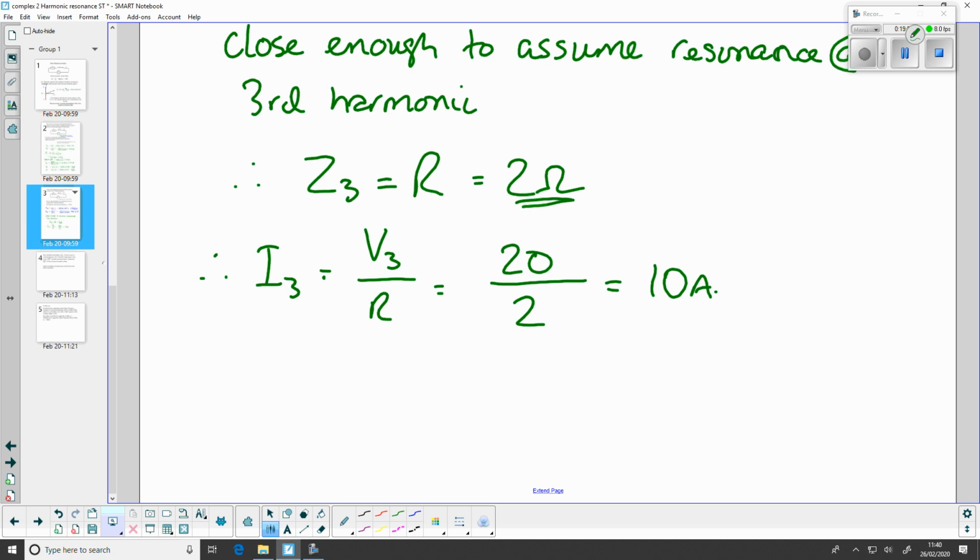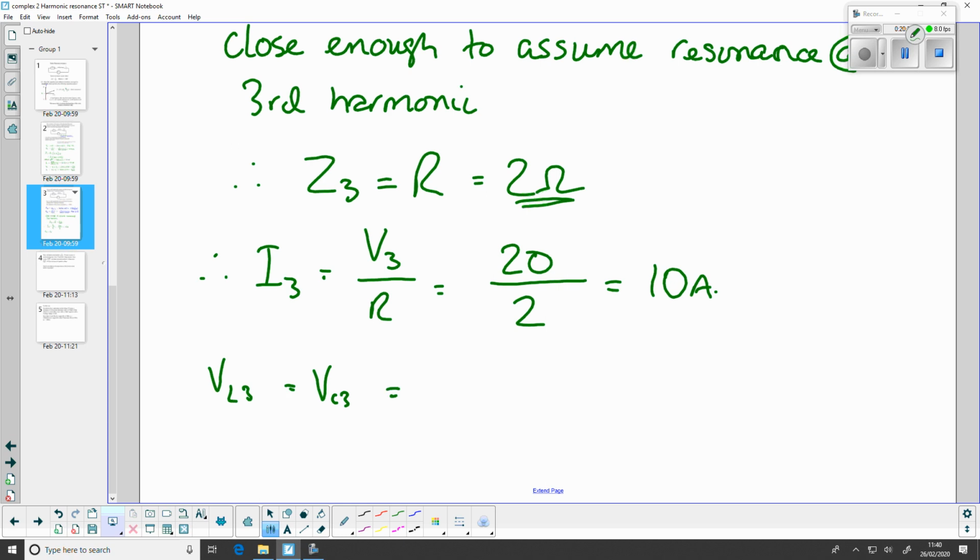This means VL3 we can say is equal to VC3, because they're both of the same magnitude of impedance. They just have completely different angles. Because we've made the assumption that the capacitive and inductive reactances are equal at resonance, we've only got one voltage calculation to do.